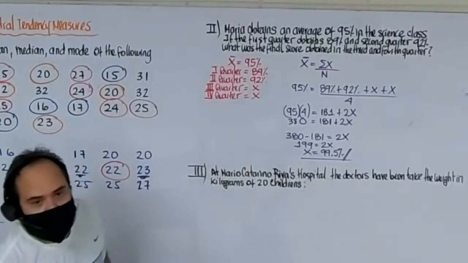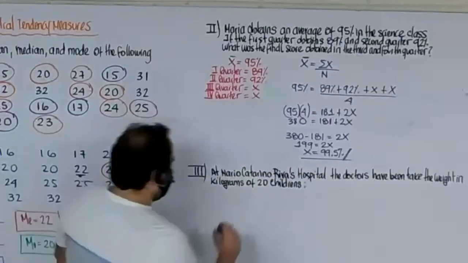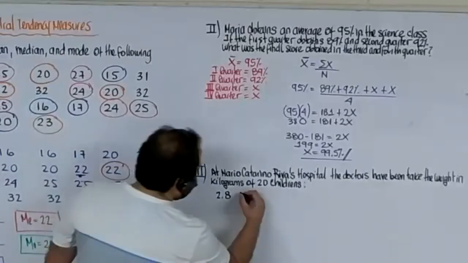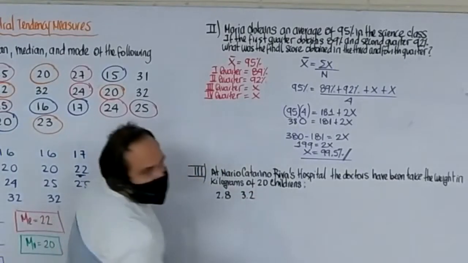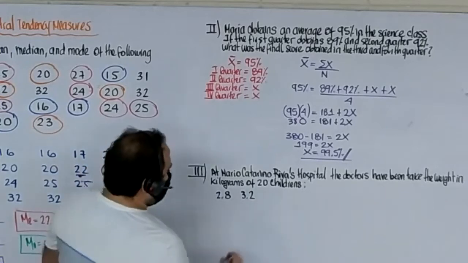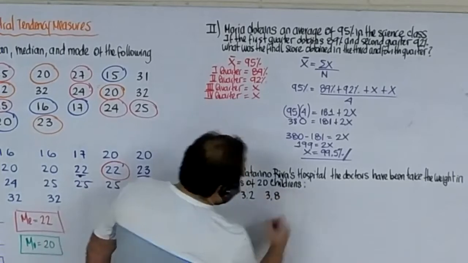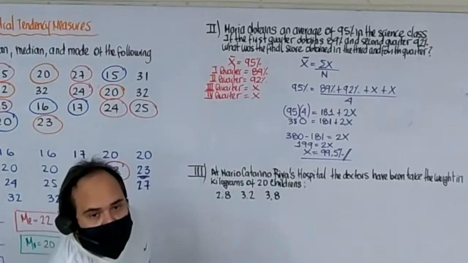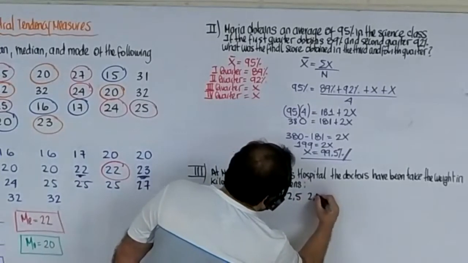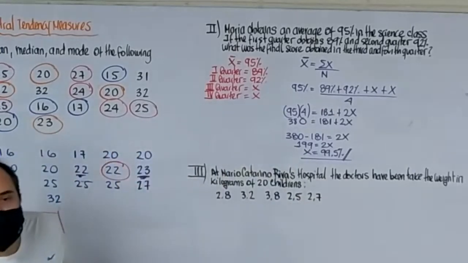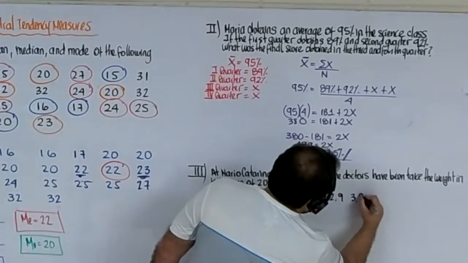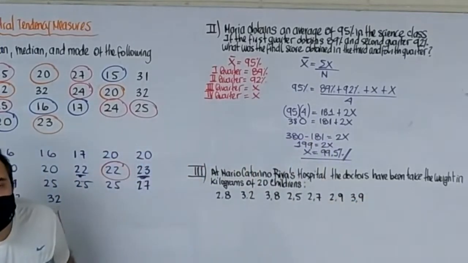All right, the weights are: 2.8, 3.2, 3.8, 2.5, 2.7, 2.9, 3.9.